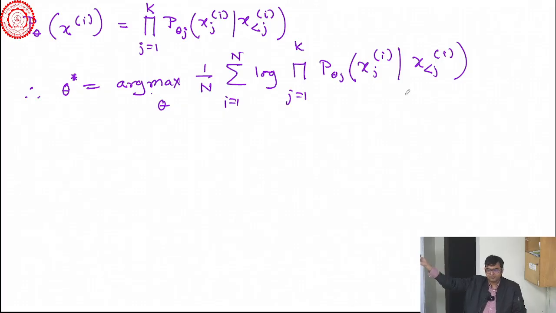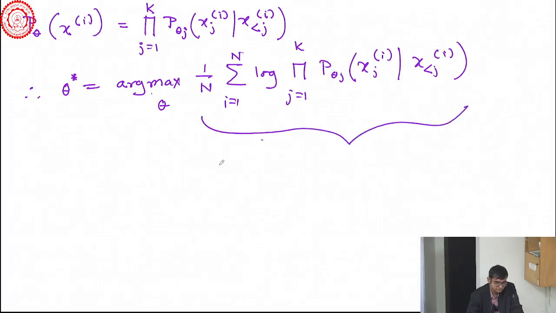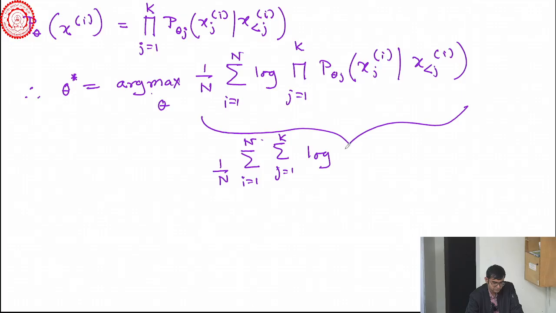Now there is a log of product which is equal to sum. So let us write that. So this is equal to 1 by n summation i equal to 1 to n, summation j equal to 1 to k, log p theta j of x j given x less than j, i.